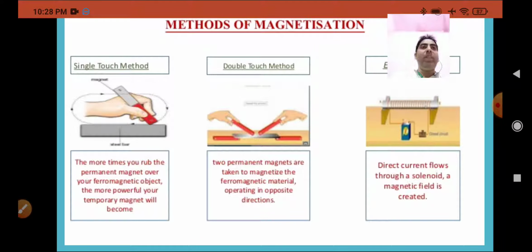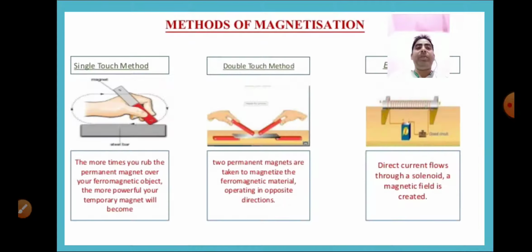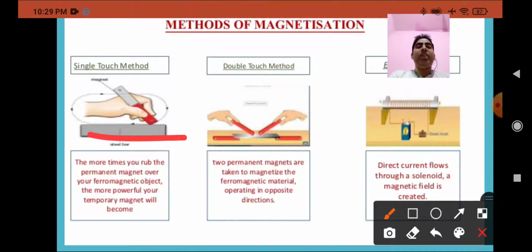What happens in the single touch method is that we have to take a steel bar on a table. Now take a strong permanent bar magnet and keep one pole on the steel bar.